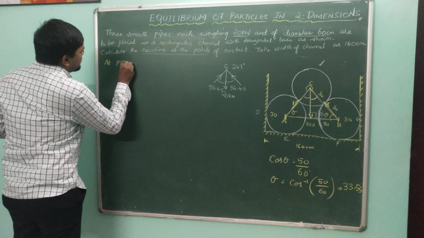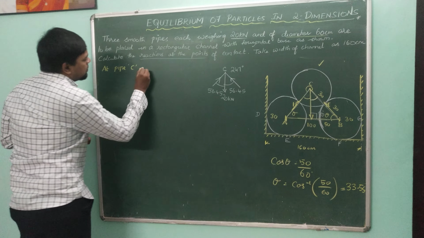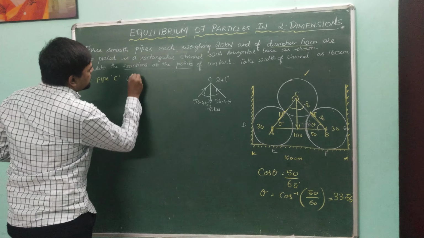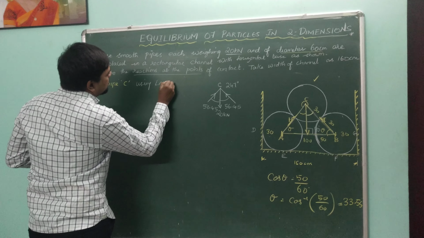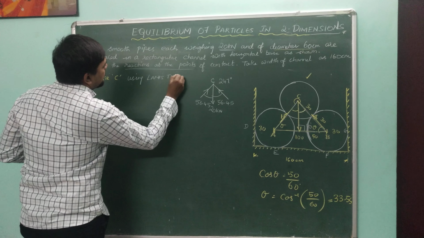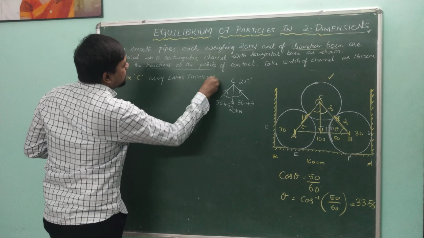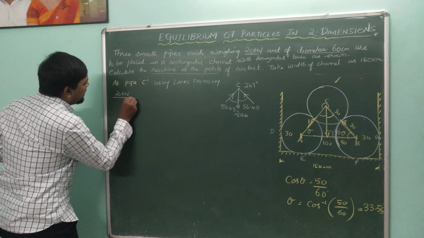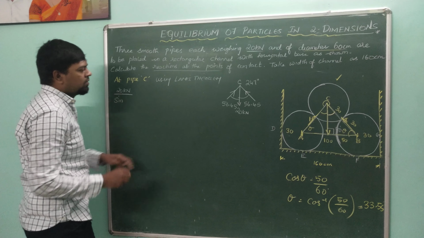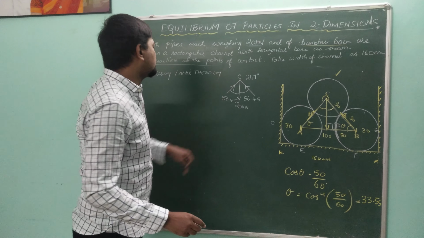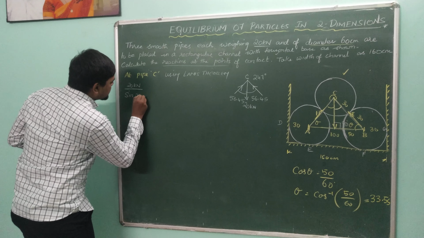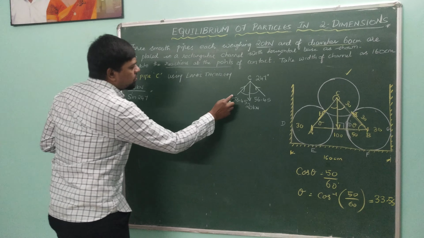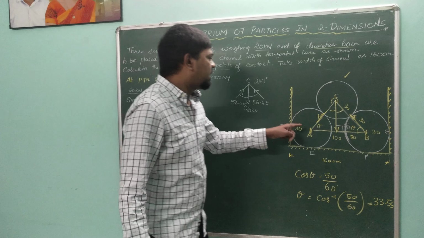At pipe C, using Lami's theorem, 20 kilonewton divided by sine of the opposite angle, 247, is equal to, so we have to name this reaction.